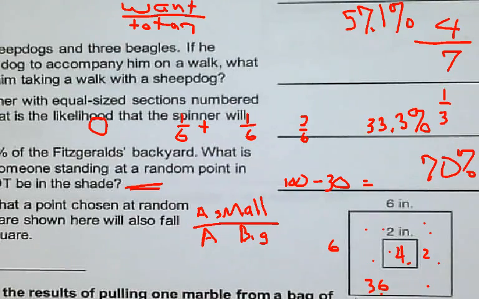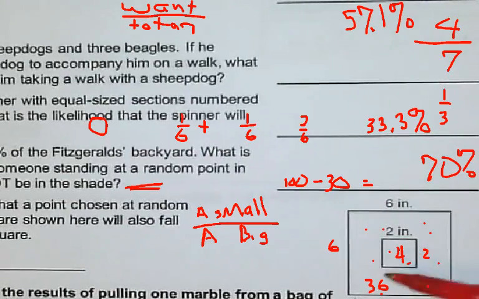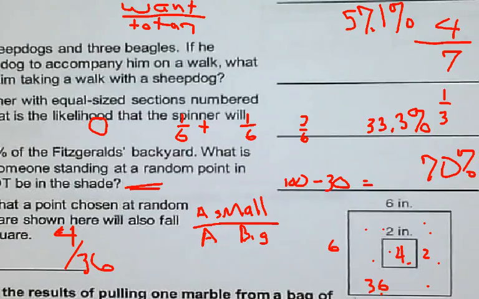So what's the probability that if I'm throwing darts at this dartboard, how many times is it going to land in here? What's the probability that it lands in there? Well, it's 4 out of 36. 4 divided by 36. Now you can't leave it like that. You got to reduce.